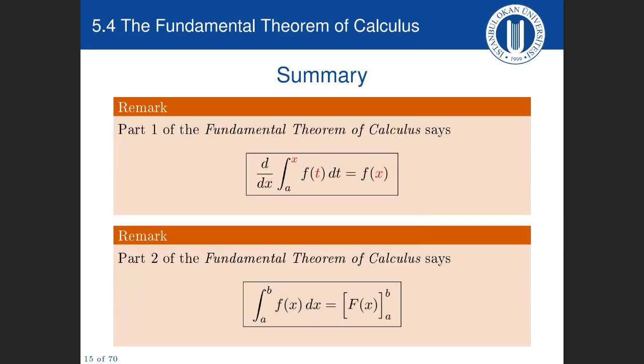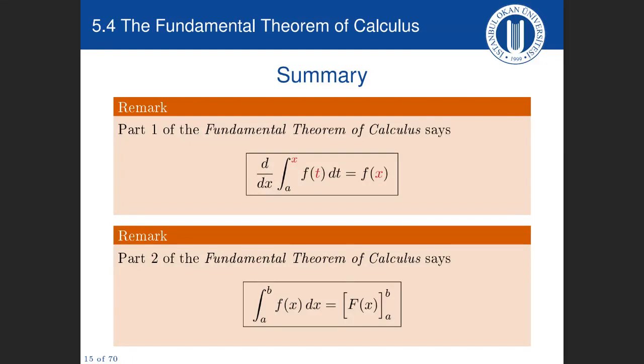So let's just summarize the ideas from today so far. Part 1 of the fundamental theorem of calculus tells us how to differentiate an integral. The derivative of the definite integral from a to x of f of t dt: all we do is we take our integrand f of t and we replace the t by an x to get f of x.